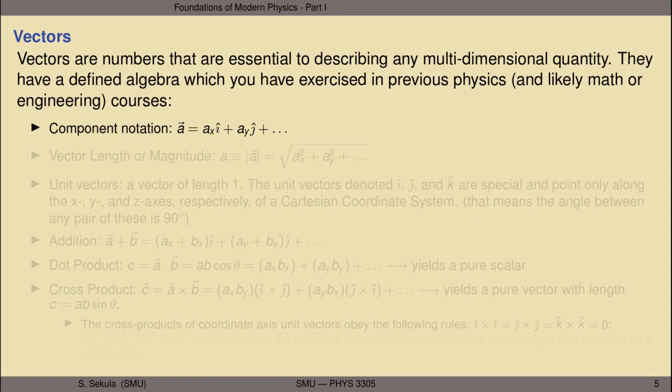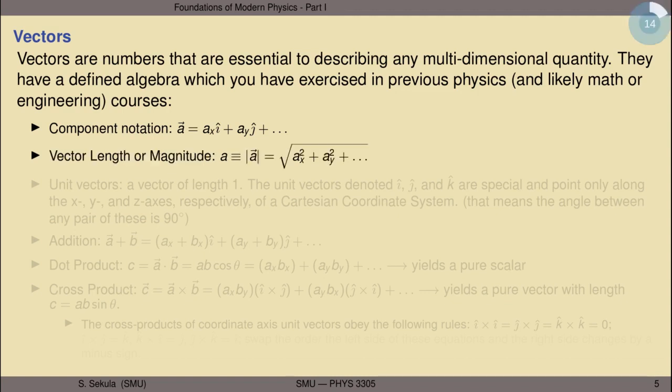It has a component that lies entirely along the x-coordinate axis in a Cartesian coordinate system, with length A subscript x, and similarly it has a component along the y-axis in a Cartesian coordinate system, A subscript y. And these little vectors here, i with a little triangular hat over it, j with a little triangular hat over it, we'll come back to those in a moment, but they're essential in indicating a dedicated direction, either only along the x or y or z axis.